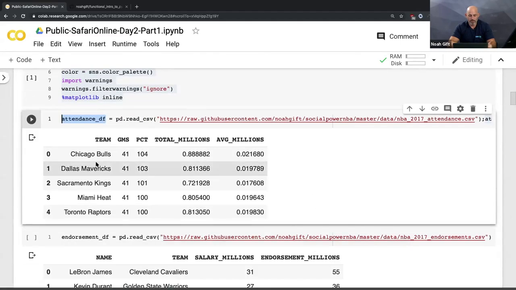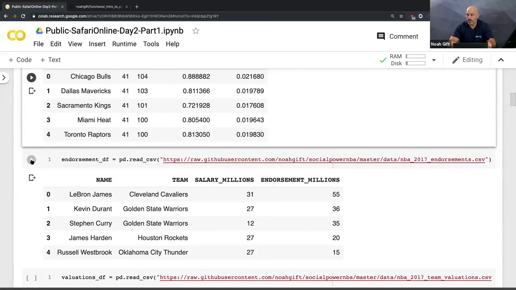So here we have the Chicago Bulls, Dallas Mavericks. We have how many games they played, what the attendance percentage was. So in this case, you can see the Chicago Bulls had actually incredibly high attendance, more than even capacity. And then this is the total attendance for the year. Almost 1 million people attended the Chicago Bulls games. And then this was the average attendance.